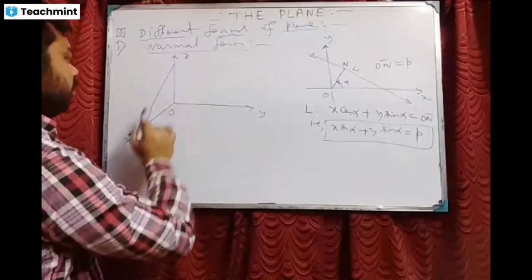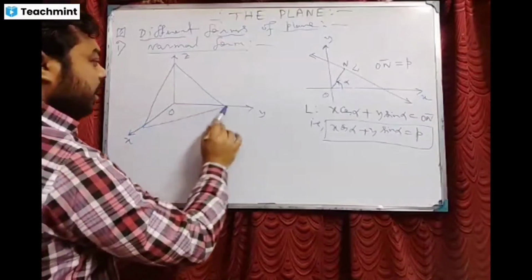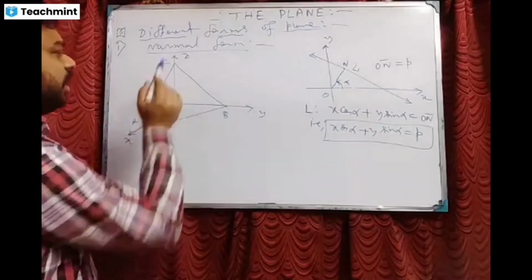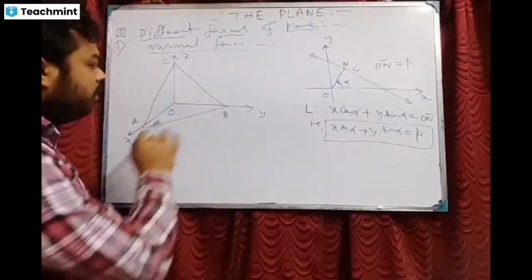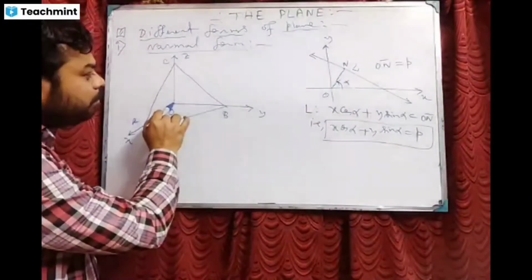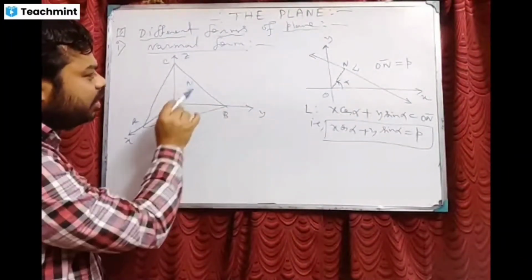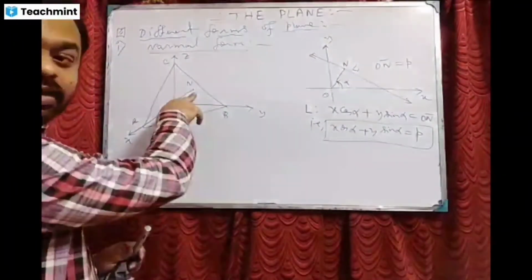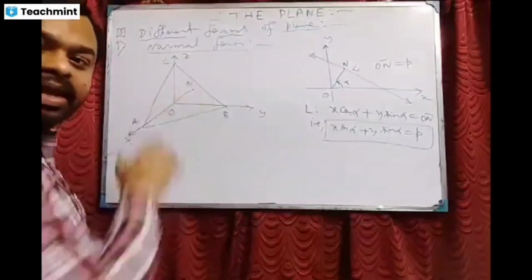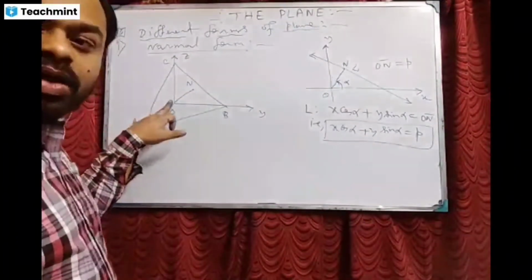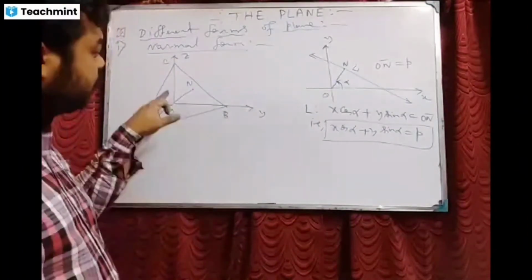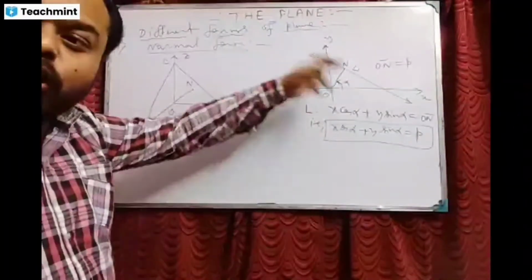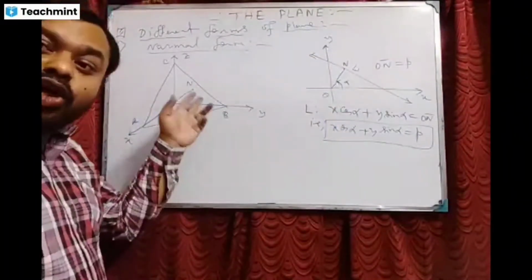Suppose this is the plane which cuts the 3 coordinate axes at A, B, and C. Draw a perpendicular from the origin to the plane, meeting it at point N on the plane. That is, ON is normal to the plane. Here ON is normal to the line in 2D, and here ON is normal to the plane.